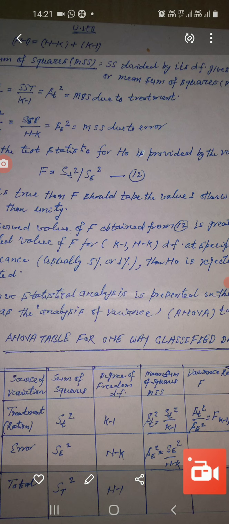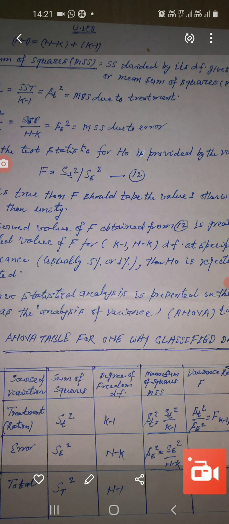Similarly, you can find the degree of freedom for sum of squares due to error, and this is equal to capital N minus 1 in bracket, minus in bracket k minus 1, minus in bracket h minus 1, and after simplifying you will get h minus 1 in one bracket, in another bracket k minus 1 degree of freedom.